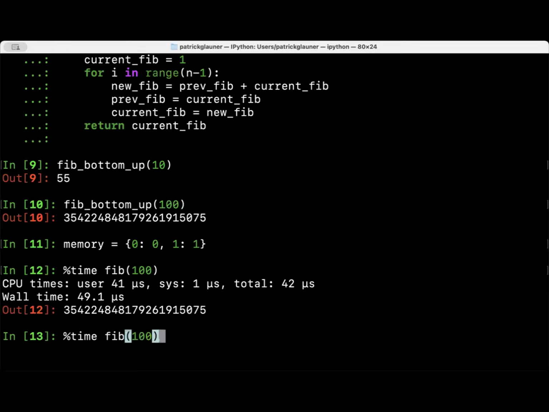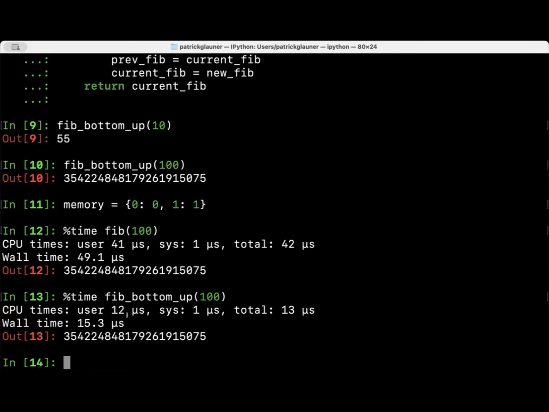And we can do a timeit of fib bottom up. And we see this is some 12 microseconds. So also super fast compared to the naive one. You could compare this again for much, much larger n.